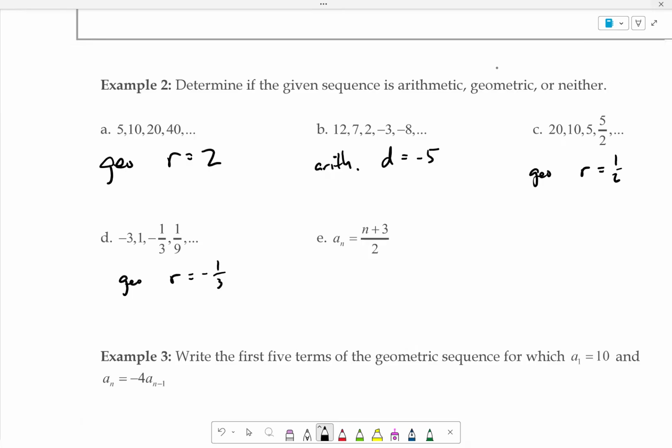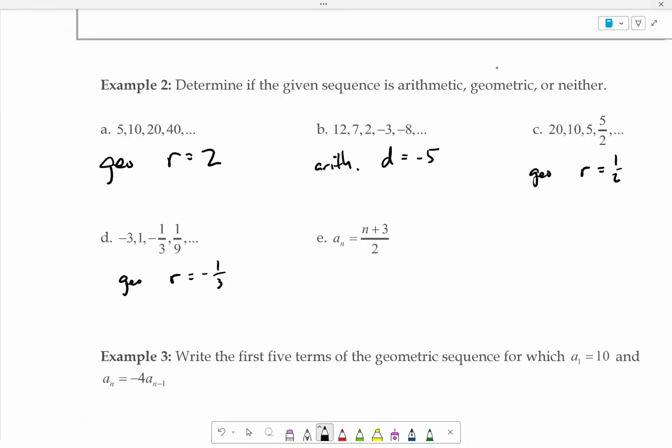How do you know it's arithmetic? Oh, did you write a few terms? Nice. If you're not sure, I recommend writing a few terms, but I like your logic here.